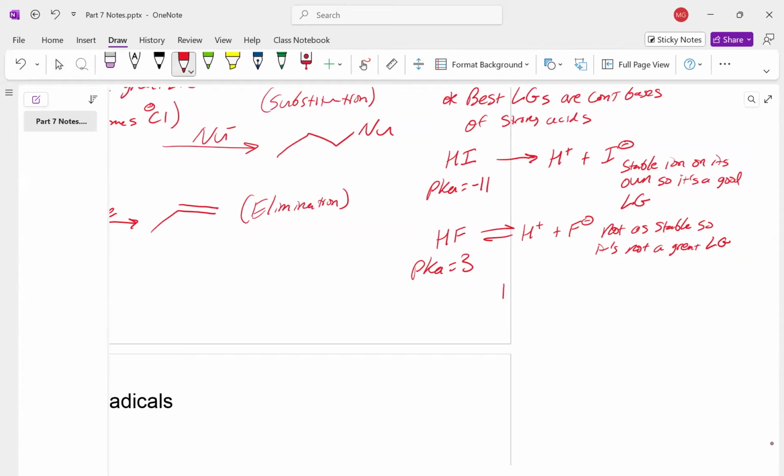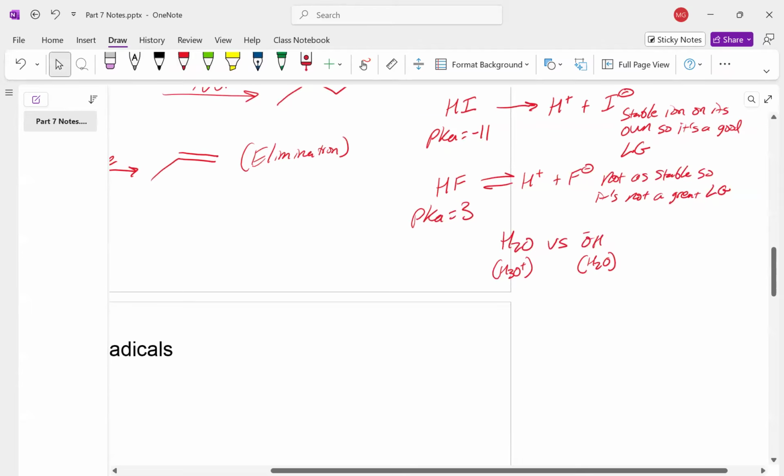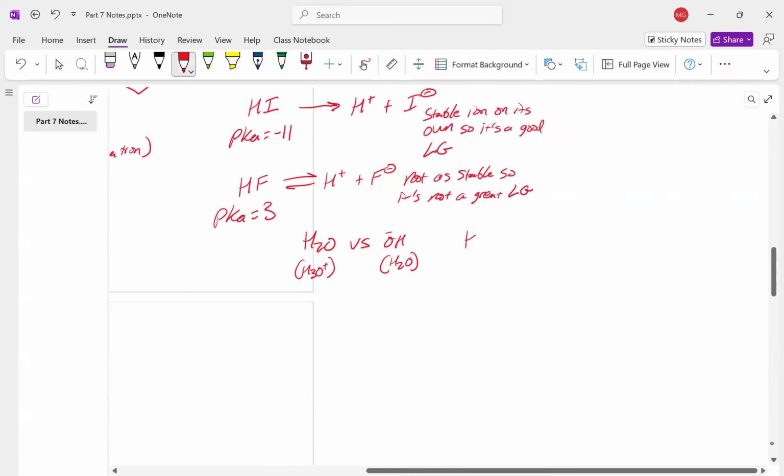Let's compare water to hydroxide as leaving groups. I want you to think of what the conjugate acid of both of these are. The conjugate acid of water is hydronium. What's the conjugate acid of hydroxide? The conjugate acid is water. So let's put this into perspective with an acid-base reaction.